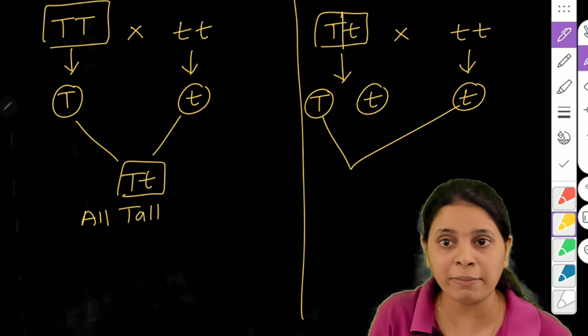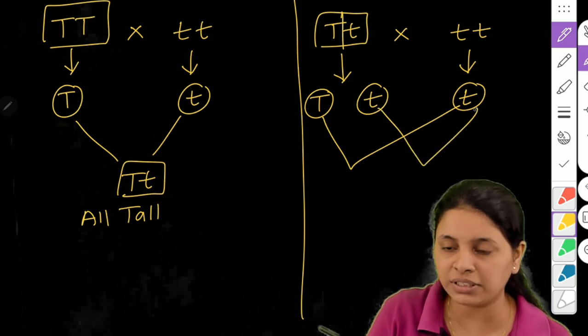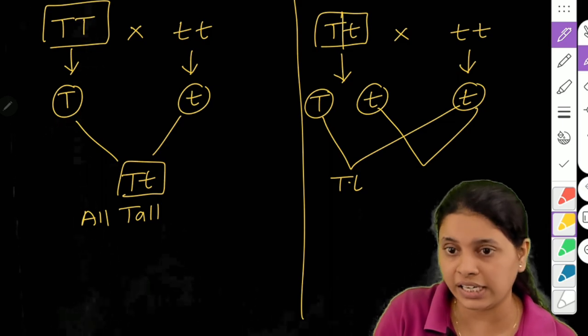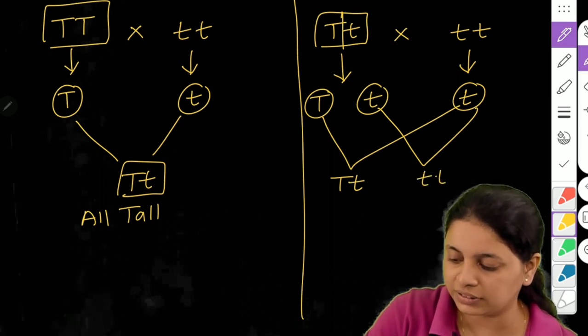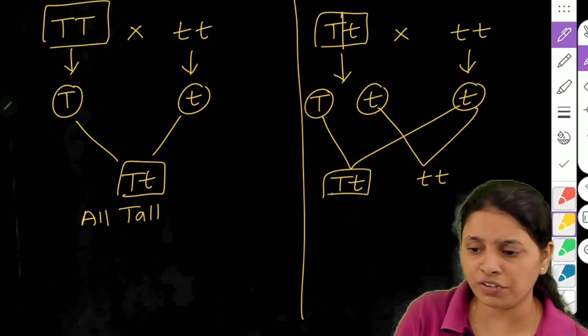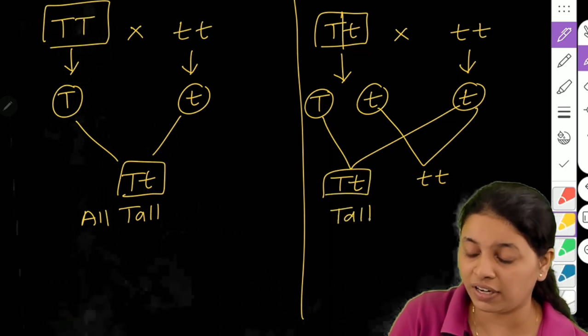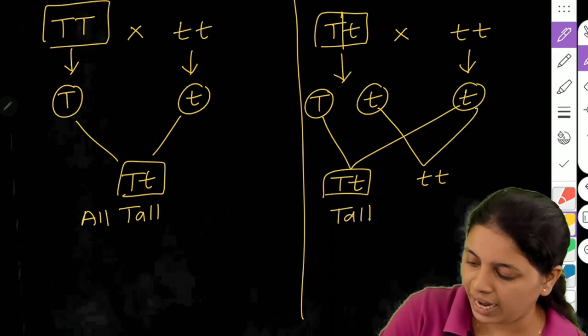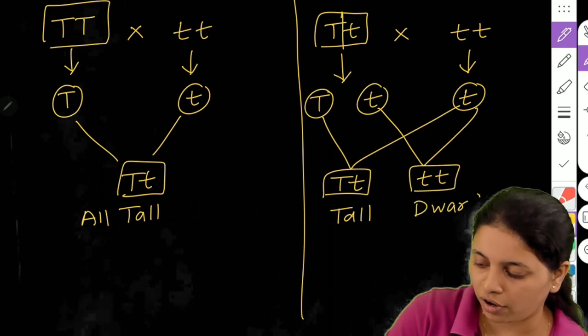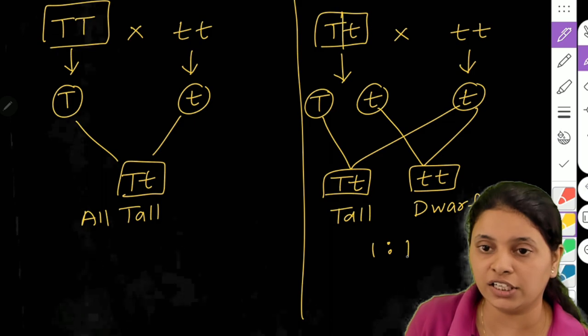Either these two gametes will fuse or these two gametes will fuse, and you have the offsprings, 50% capital T small t, and the remaining 50% small t small t. So the first 50% are phenotypically tall, and the remaining 50% will be dwarf, and these will be equal in ratio, 1:1.